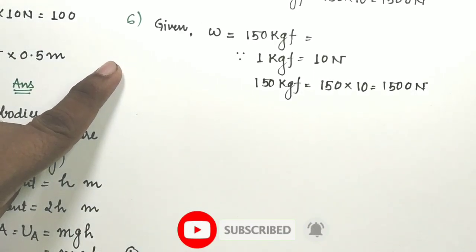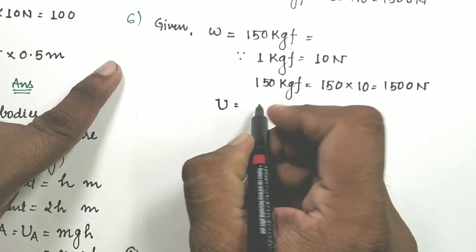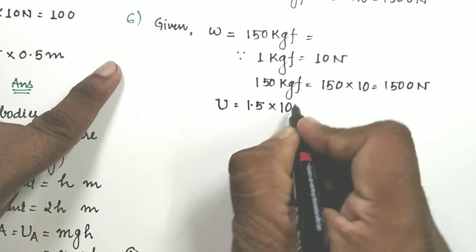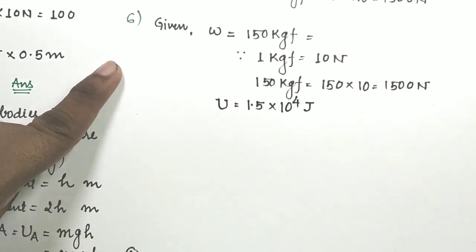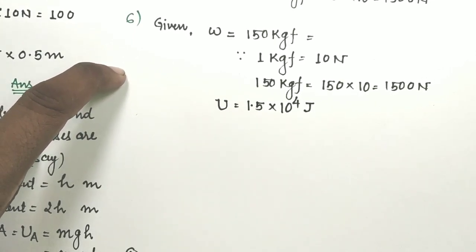What else is given here? The gravitational potential energy U is also given, that is 1.5 into 10 to the power 4 joule. What we have to calculate is the height of the box.